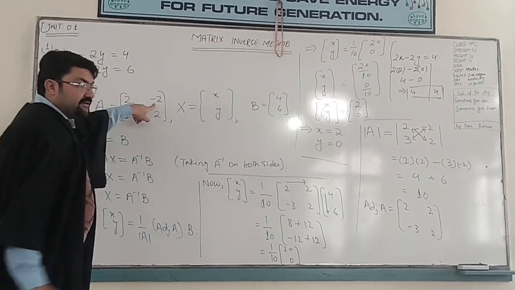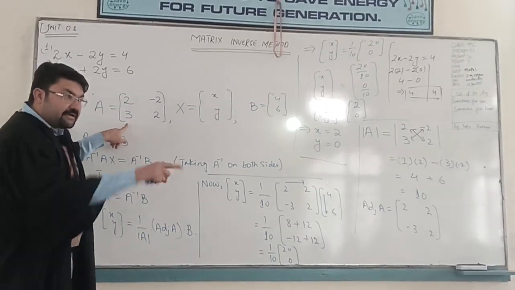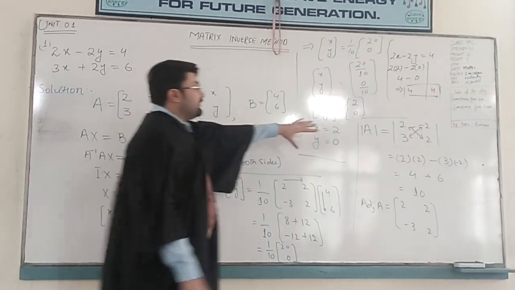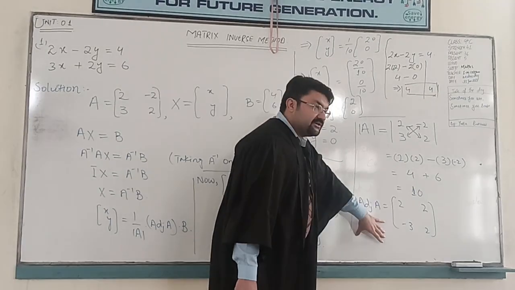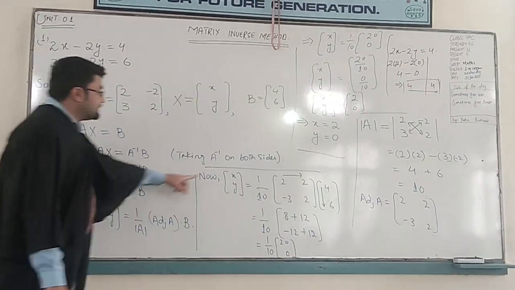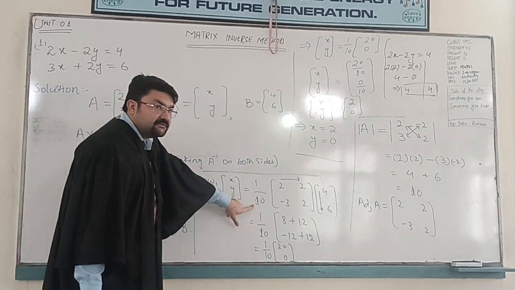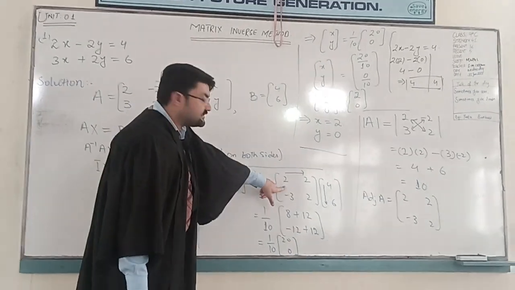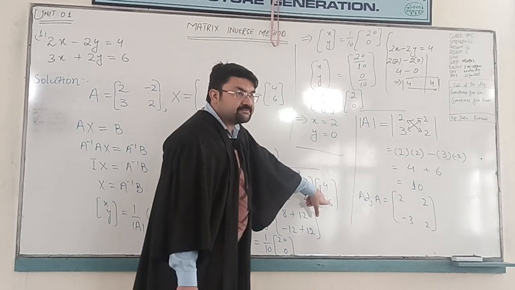It was negative, it becomes positive; it was positive, it becomes negative. Now we put in the values: [x; y] equals 1 by 10, that is the determinant, times the adjoint matrix, times B.